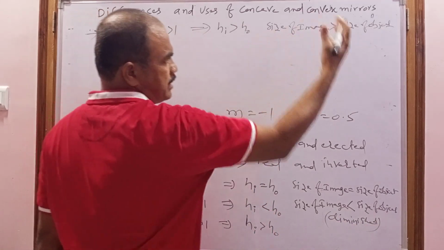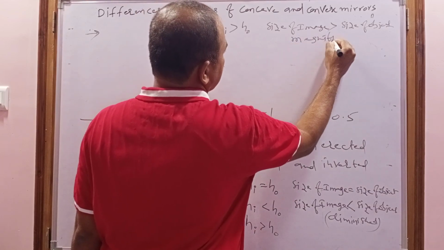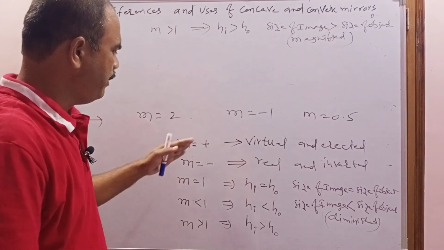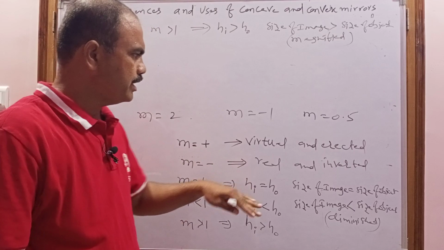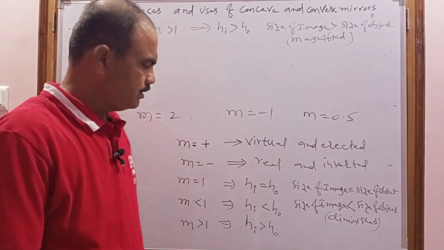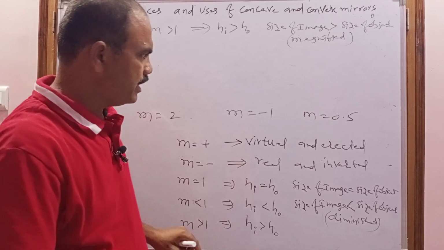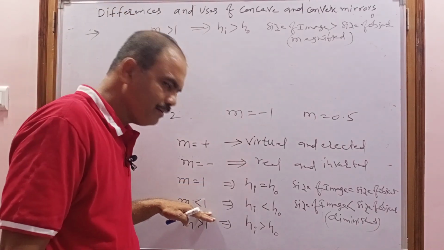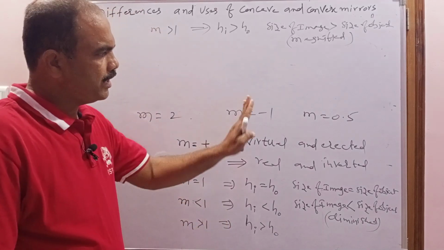If the size of image is greater than size of object, it is a magnified image. You have to remember: m positive, virtual erected; m negative, real inverted. After that, observe the number and check whether it is equal to 1, less than 1, or greater than 1. Depending on this we can guess the image.